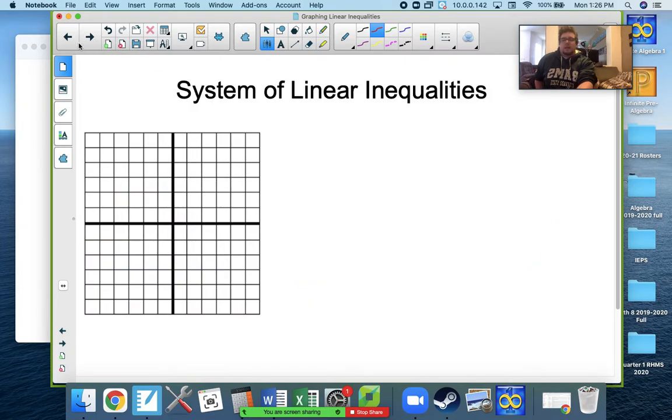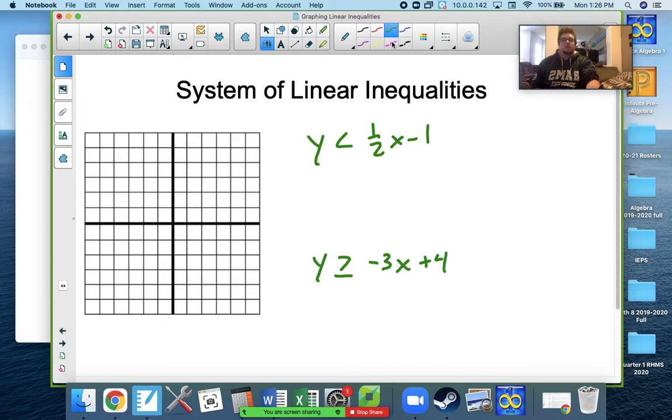We also looked at systems of these linear inequalities, and that just means we're going to graph two lines and see where the shadings overlap. So maybe I've got y is less than 1/2 x minus 1, and I've got y is greater than or equal to negative 3x plus 4.